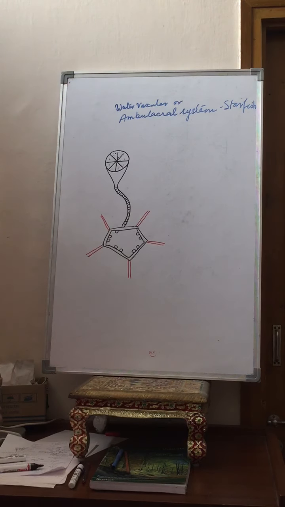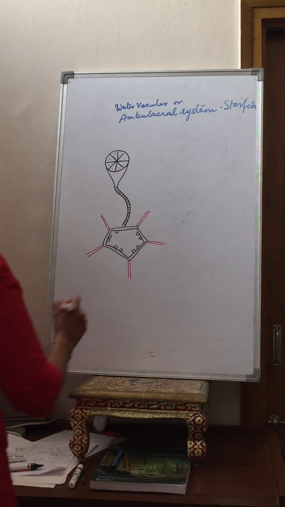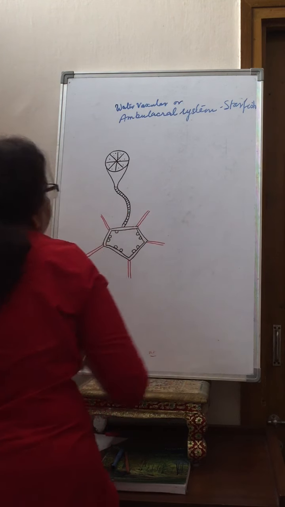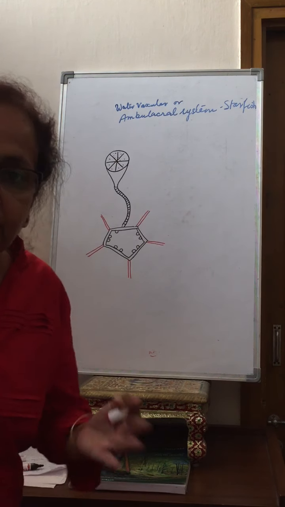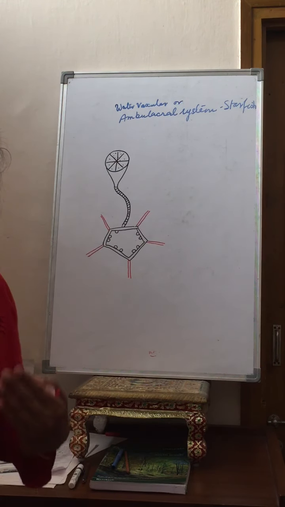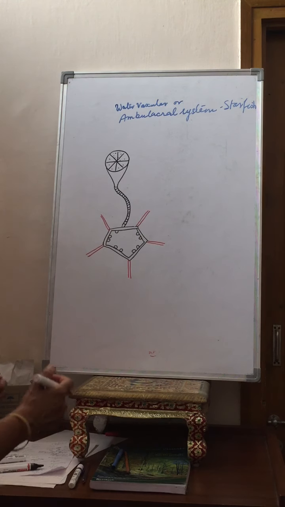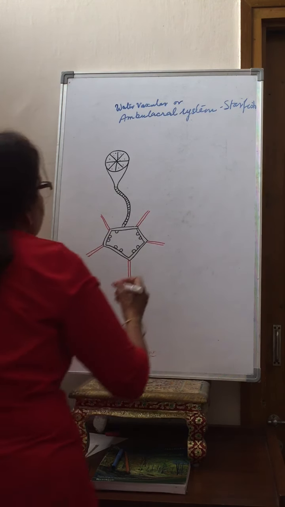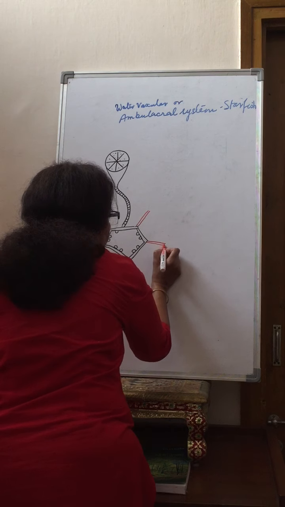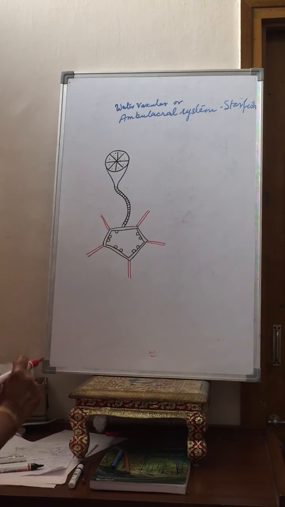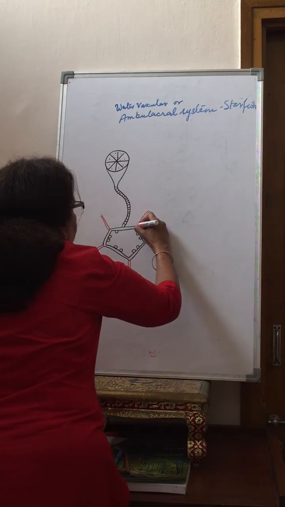These 5 radial ambulacral vessels run below the ambulacral plates or ossicles and above the perihemal sinus.